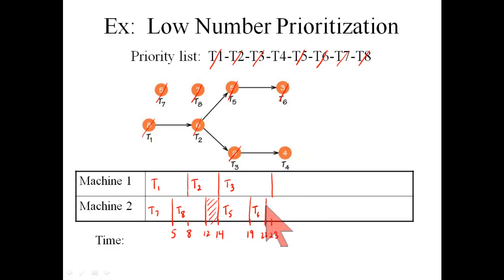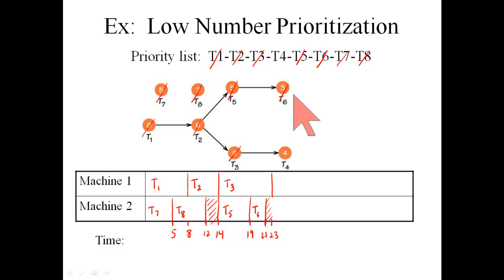Okay, at time 22, machine 2 says, give me something to do. There's only one task left, that's 4. And I go here, and it's not ready to be done yet. Machine number 1 is still working on task 3, and so machine number 2 has to idle again. At time 23, machine 1 finishes task 3 and says, give me something to do.